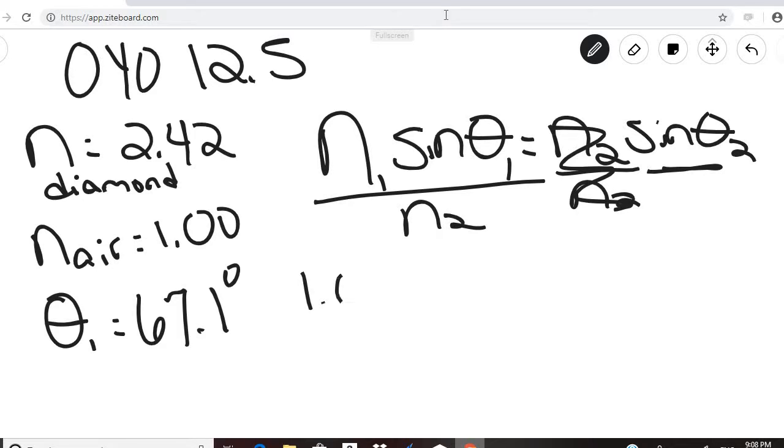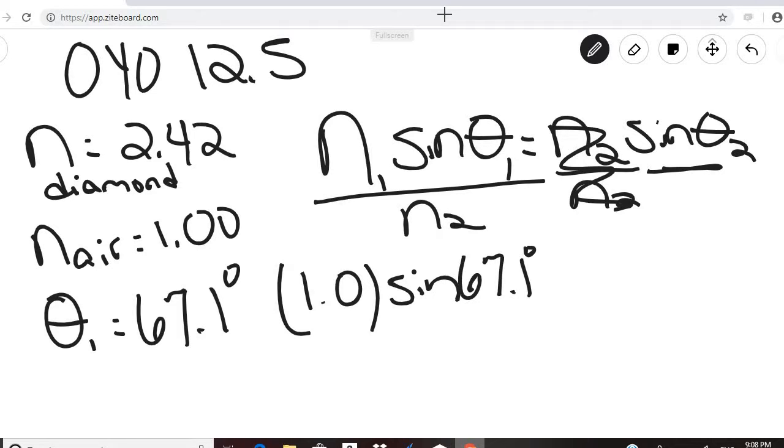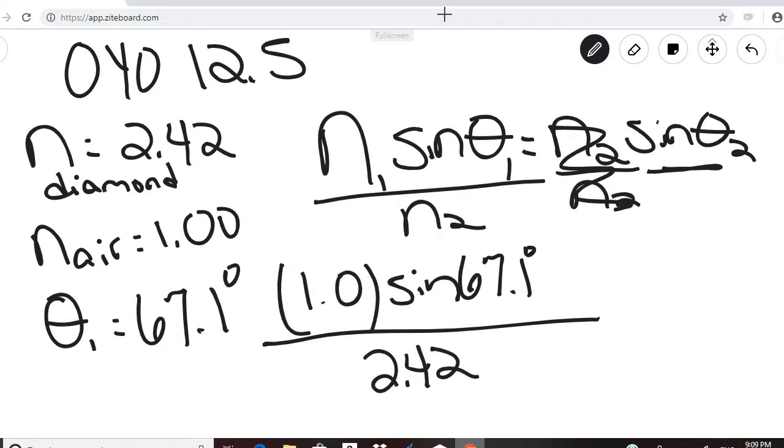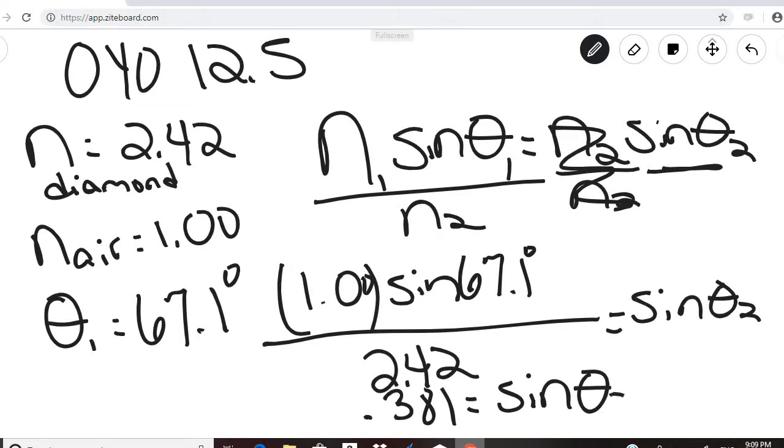So 1.0 times the sine of 67.1 degrees divided by n2, which is 2.42, will equal the sine of angle 2. And I get 0.381 equals the sine of angle 2.